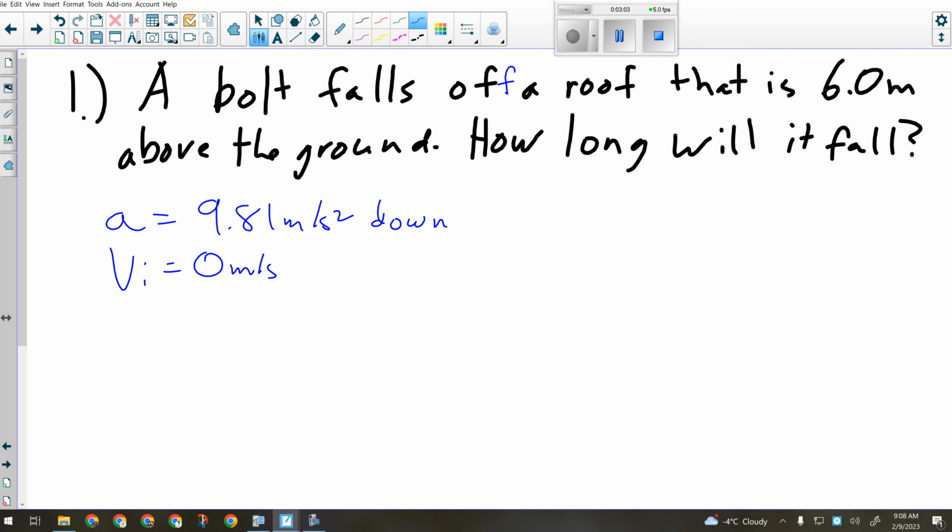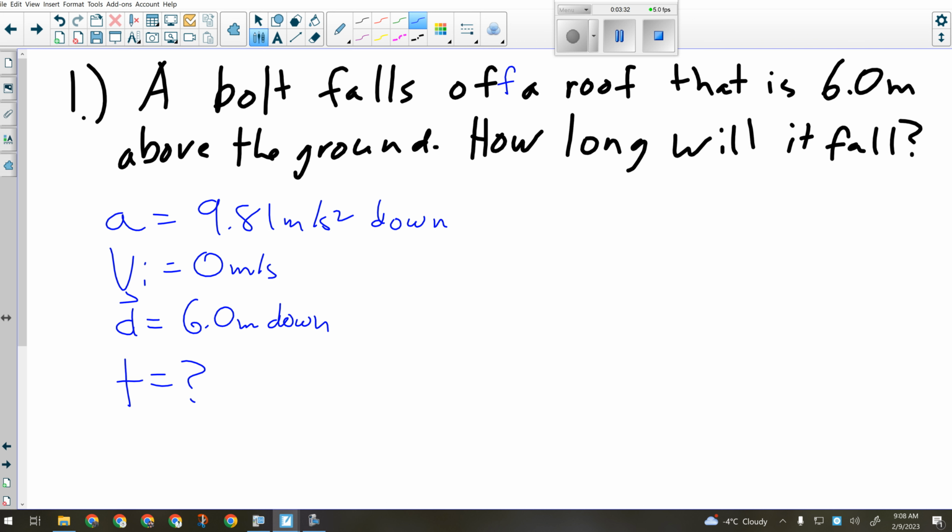The other thing we know is the distance it falls, 6.0 meters down. How long will it fall for? So we're looking for time. What formula am I going to use? Miles, what formula am I going to use? I didn't really use a formula. Okay, how'd you do it then?